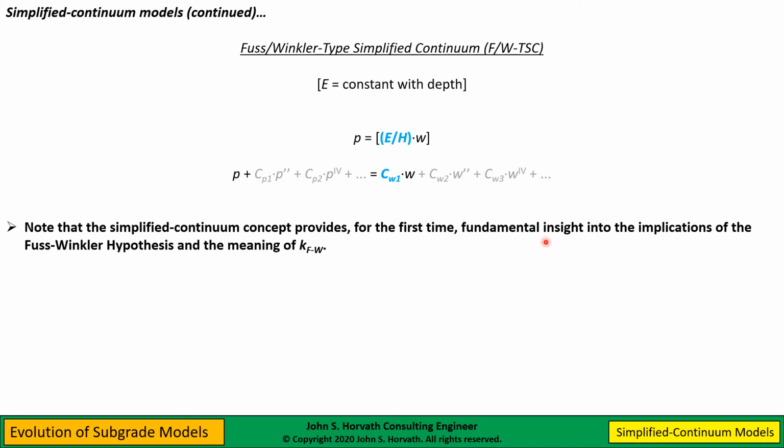And we see it basically means it's the same as an elastic subgrade that has no vertical shearing, where the vertical stiffness is just the Young's modulus divided by the thickness of the layer, with no vertical shearing going on. And again, vertical shearing in a simplified continuum model is equivalent to the spring coupling in a mechanical model.